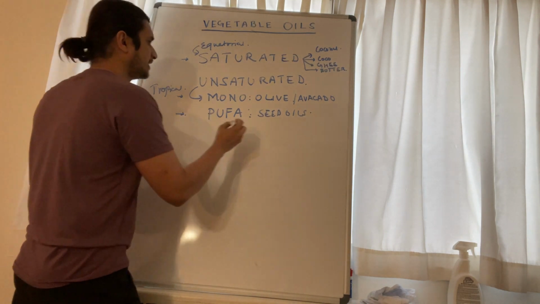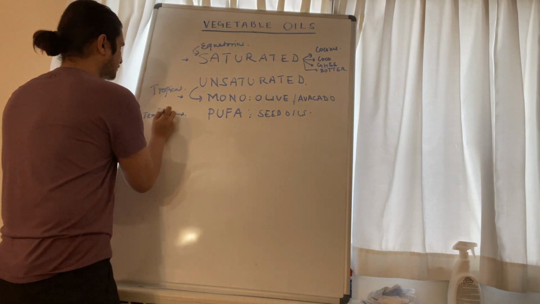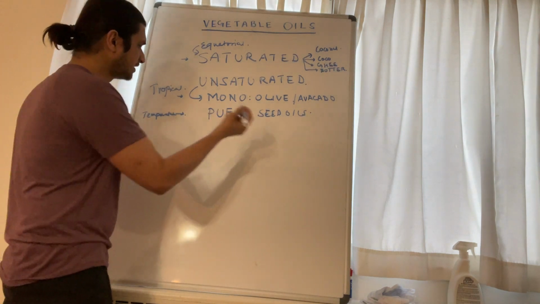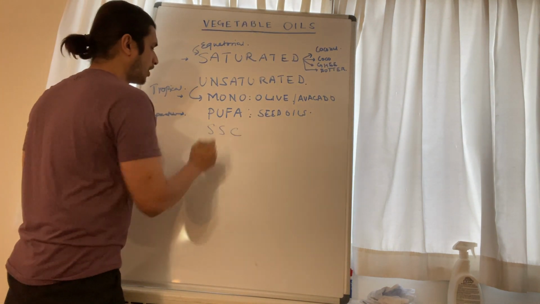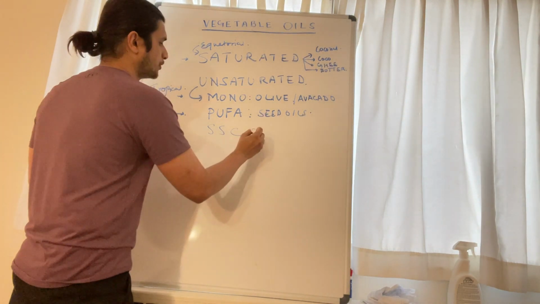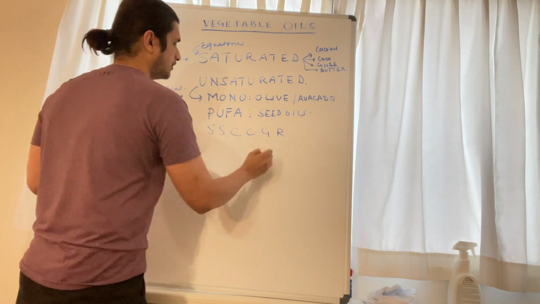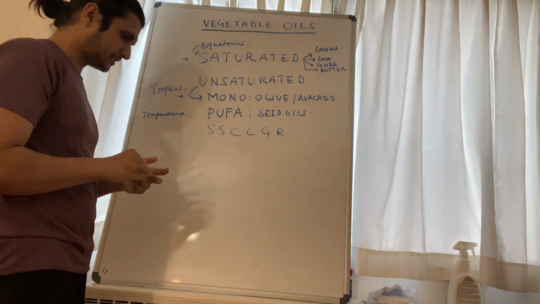They will grow mostly in the temperate areas. Temperate is extreme cold. So of course, mostly Europe, North America, things of that nature. And these include all oils: sunflower, safflower, corn, canola, grapeseed oil, rice bran, cottonseed oil. So basically those are polyunsaturated fatty acids.